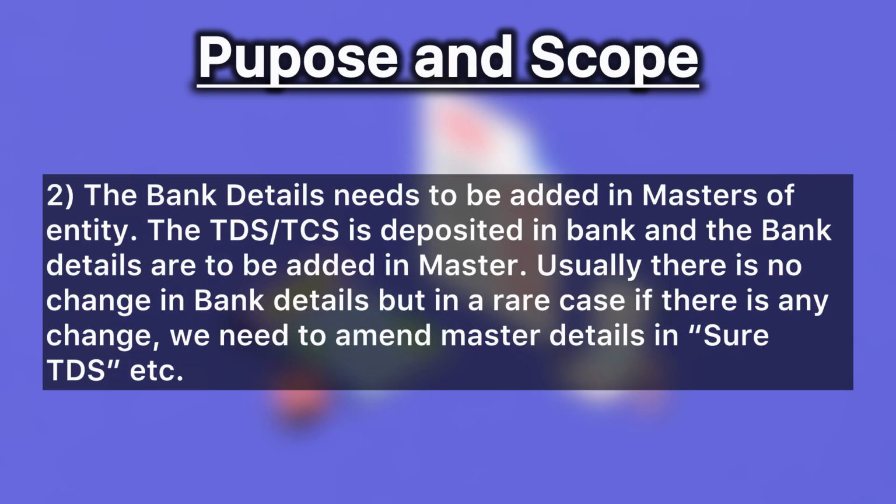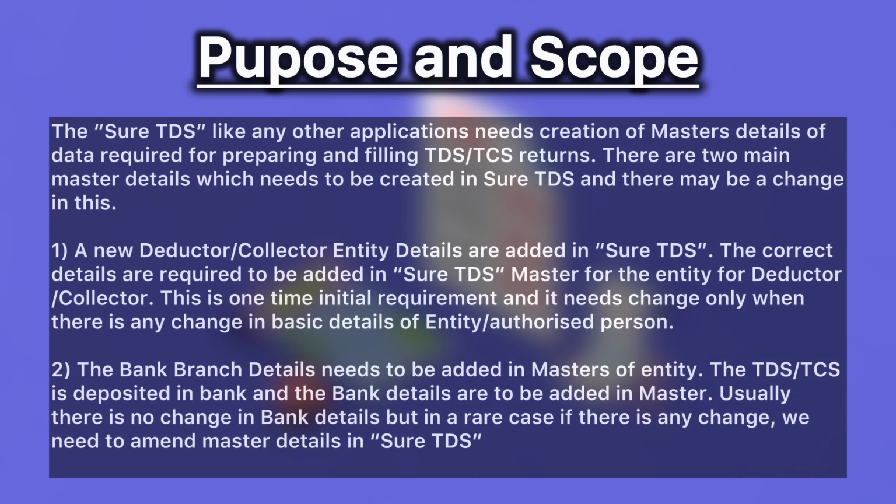When we talk about the creation of a new entity in Sure TDS, the entity means the deductor or collector, as the case may be. And when we talk about the bank account, we mean the bank branch details from where the tax was deposited or is going to be deposited. The legal entity of the deductor or collector needs to be added once only.